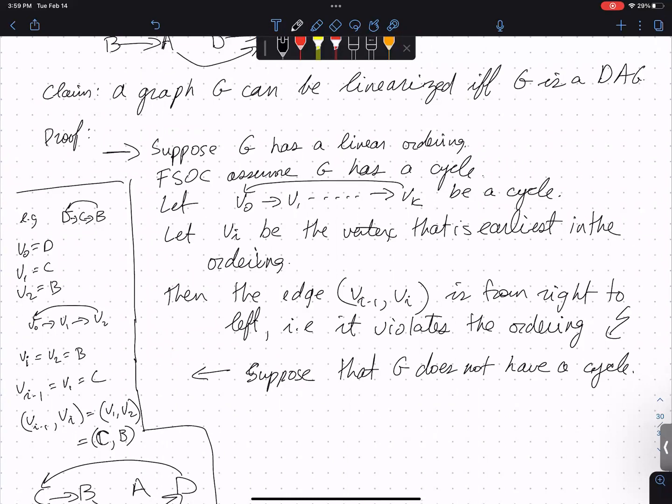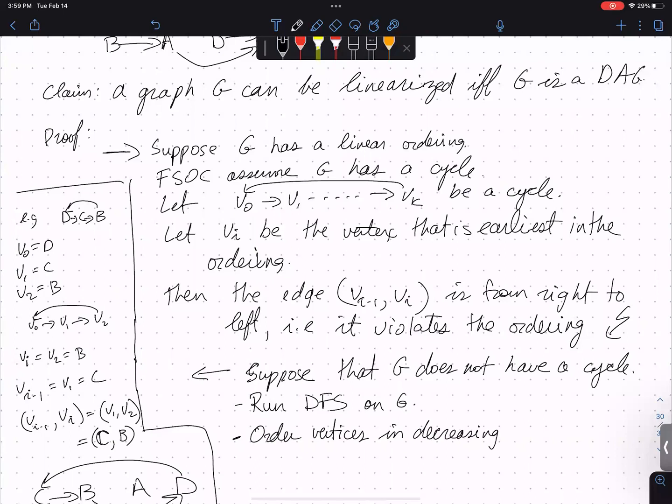Okay, so let's do that. You won't be shocked to learn that we're going to run depth first search on G. And from this, we're going to construct the ordering as follows: we're going to order vertices in decreasing order of their post number.